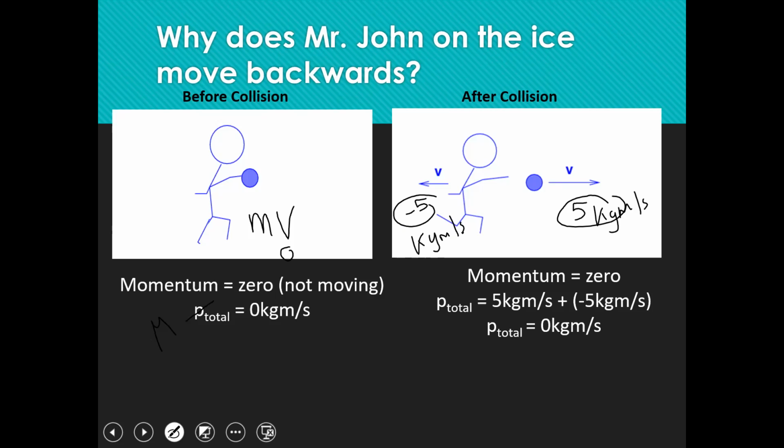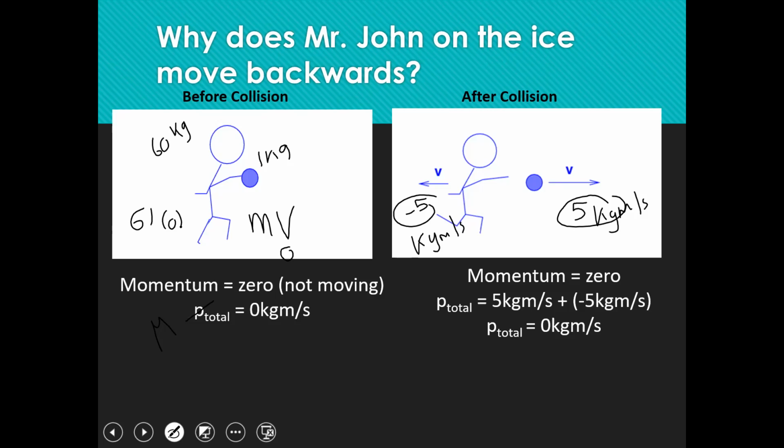Before the collision, you have 0, because the mass of the rock is 1 kilogram as an example, and the mass of Mr. John is 60 kilograms. So here we have 61, the total mass, times the velocity, which is 0. So the total momentum here is 0.